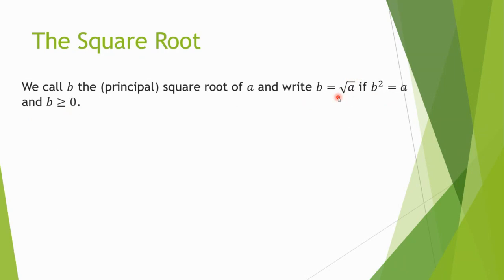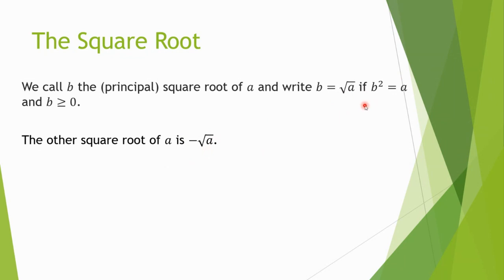For 25, 5 was a square root, the other one was -5. So the other square root is negative this. This is the square root, the one that's non-negative. This is the other one.